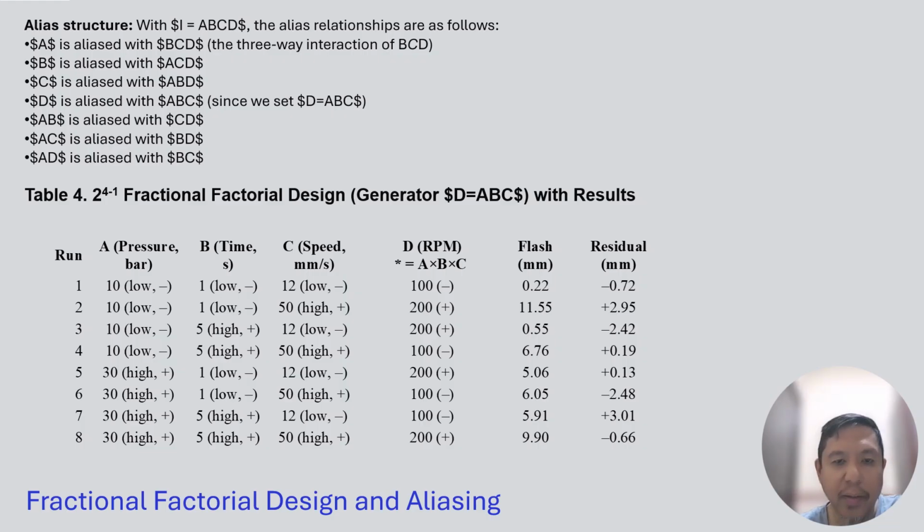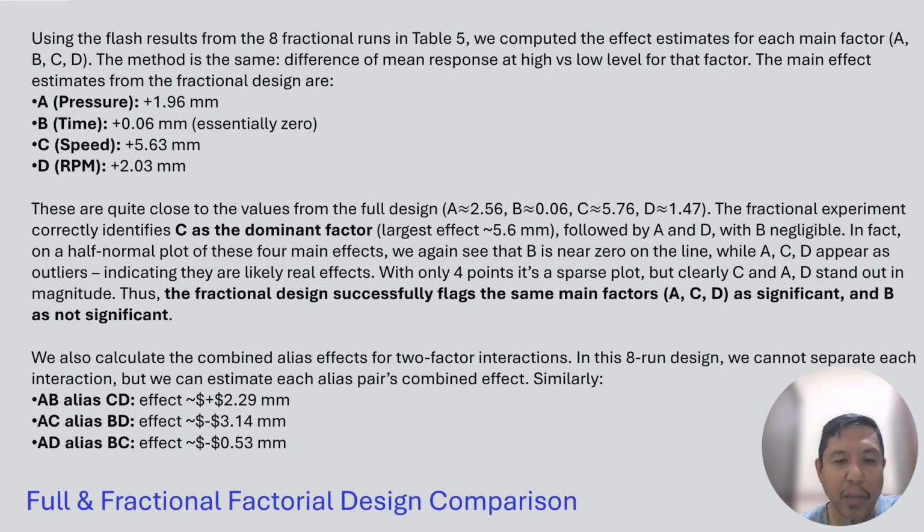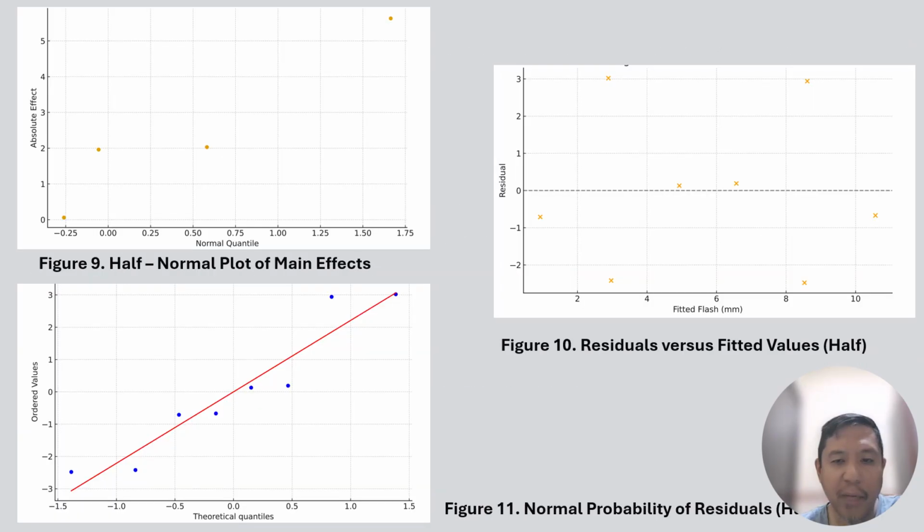All right, we're running out of time, so I'll just run through this presentation quickly and highlight a few of these plots, that is giving us a normal plot for main effects for half factorial, as well as the residuals versus fitted values and the normal probability of residuals.